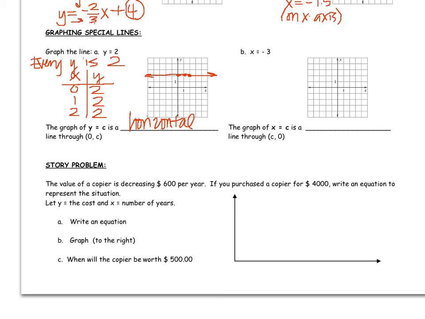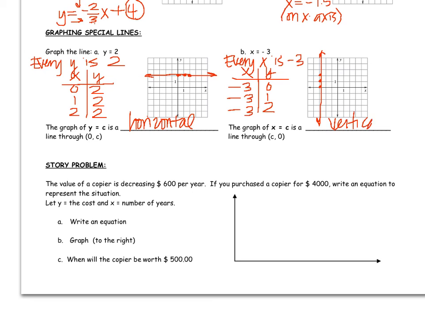Okay, so if I look at that in the same way, for part B, this says every x is negative 3. So I can make a table, and I can pick every x to be negative 3, and y can be anything. So I have this point negative 3, 0, negative 3, 1, negative 3, 2, and you'll notice it's a vertical line.